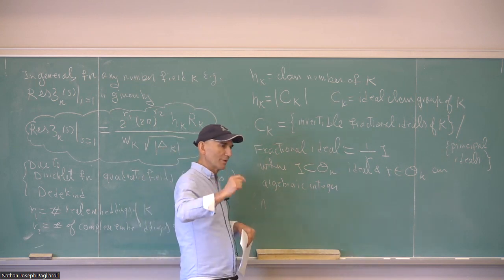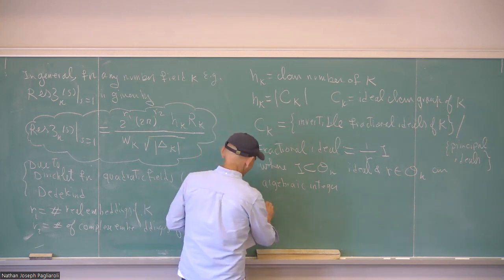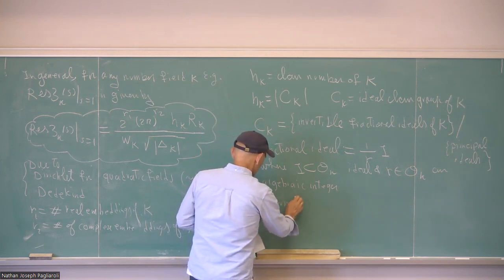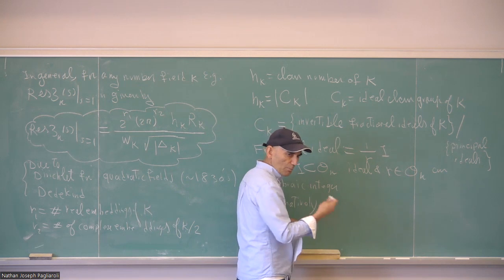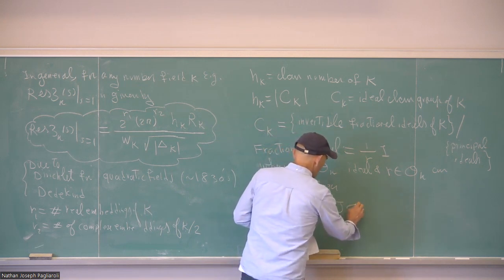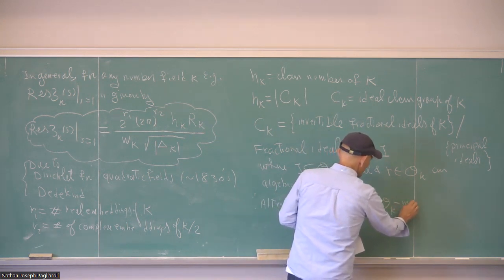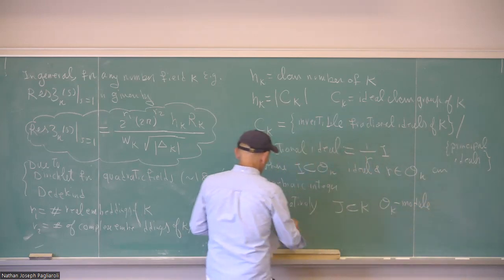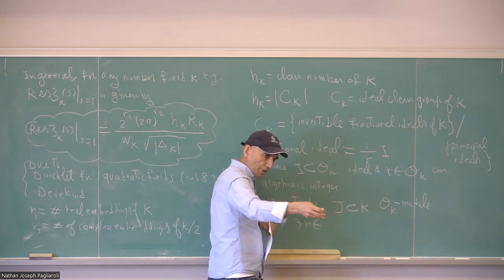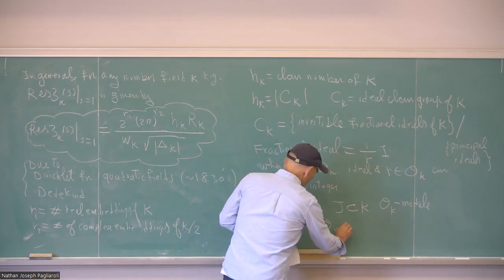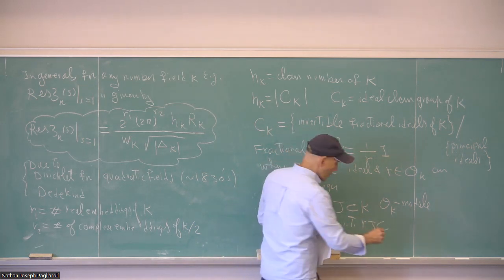Alternatively, a fractional ideal is an O_K-submodule J inside K such that there exists r belonging to O_K such that rJ is inside O_K.